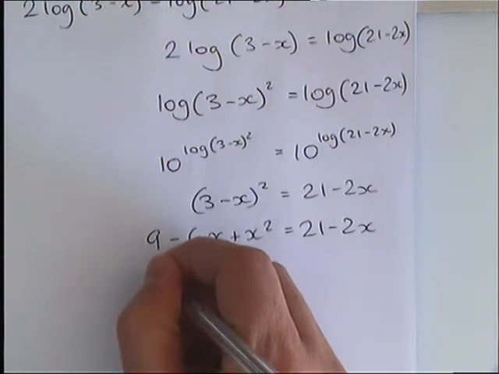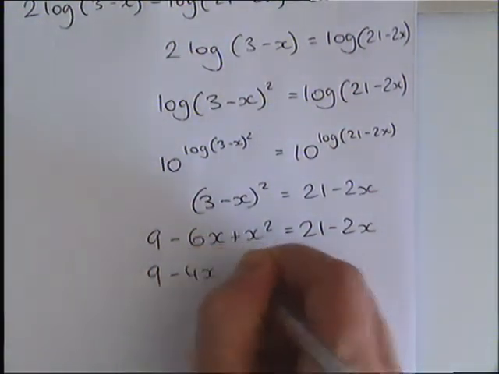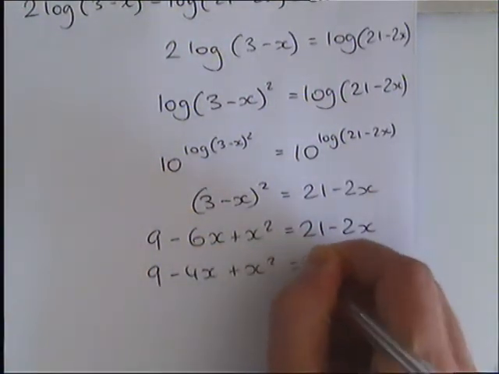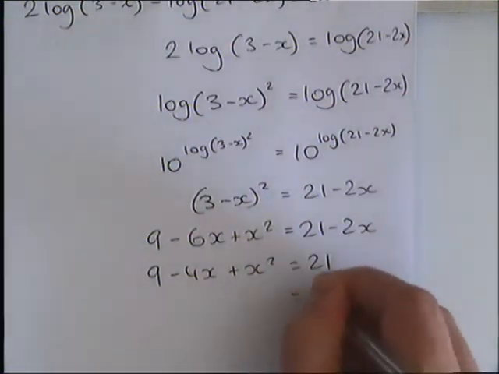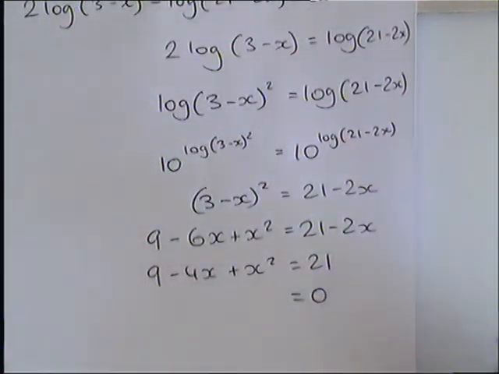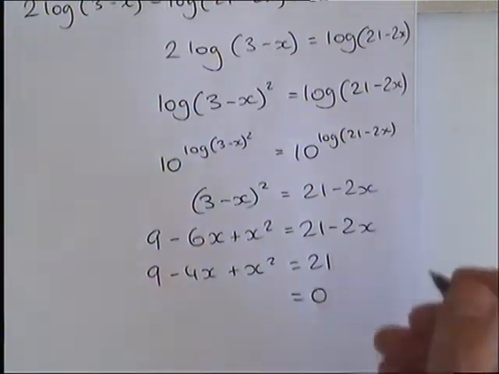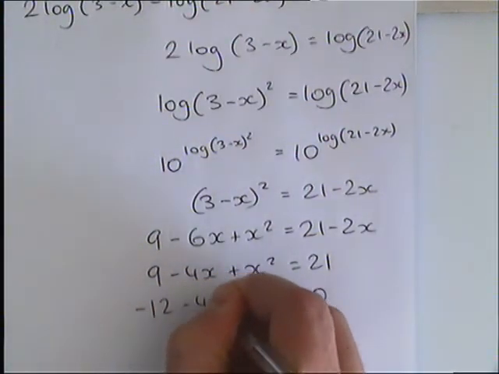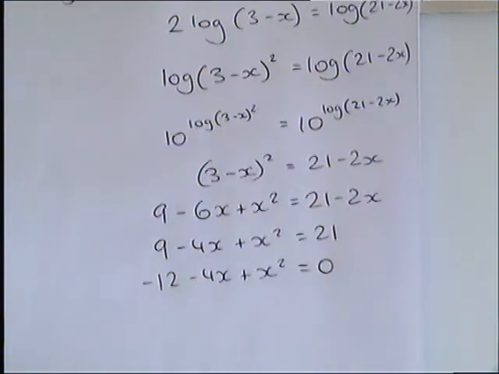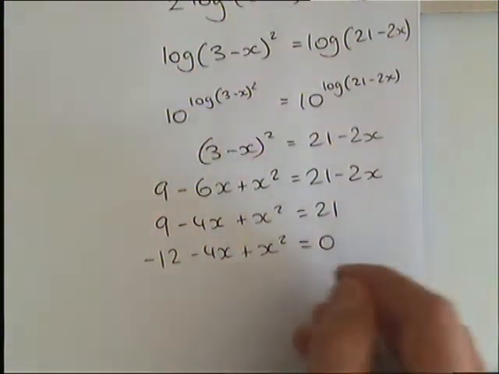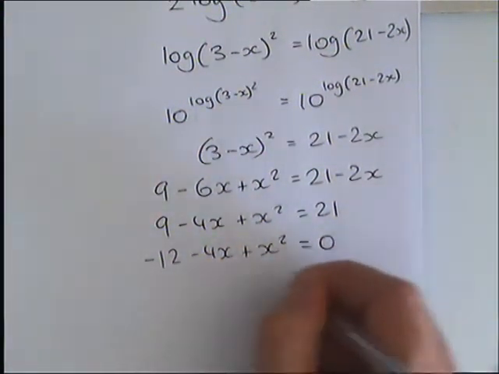So let's add the 2x first, and then take away the 21. What is 9 take away 21? Is that minus 12? Yes. And then it's literally a matter of reordering it to get it into the right format.